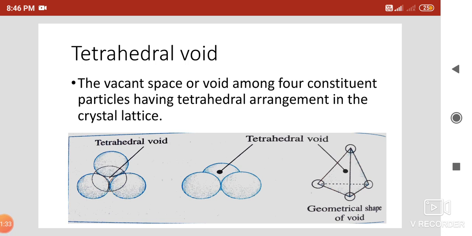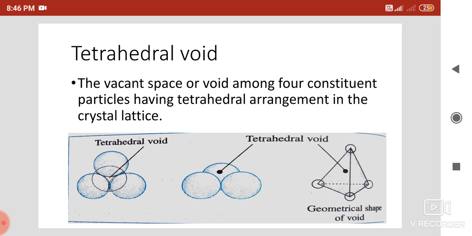If you see the figure, the shape of the void shown is not tetrahedral, but the arrangement of the four spheres around the void is tetrahedral. The line joining the centers of four atoms forms a tetrahedron. A tetrahedral void is formed when a triangular void made by three coplanar spheres is in contact with a fourth sphere above or below it.